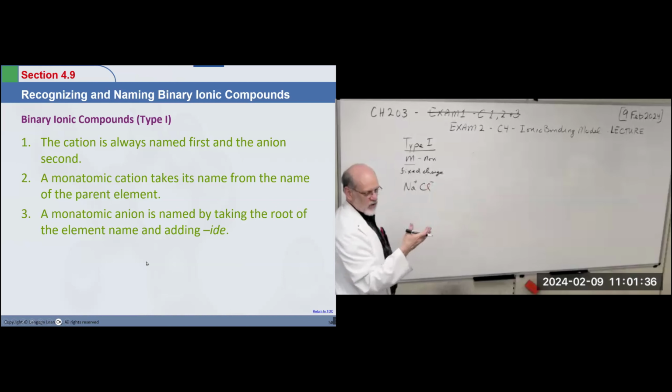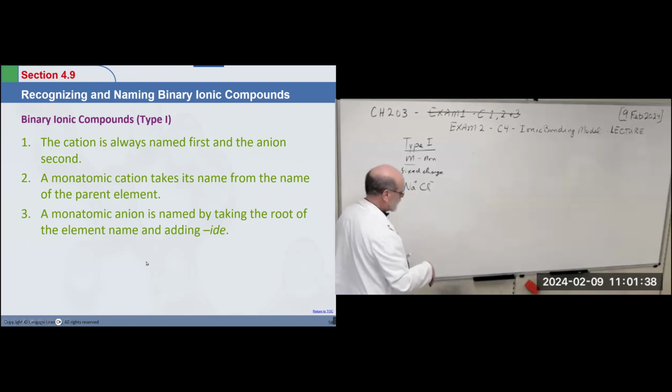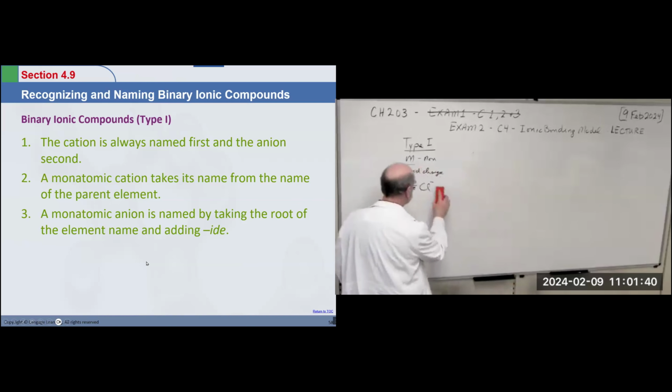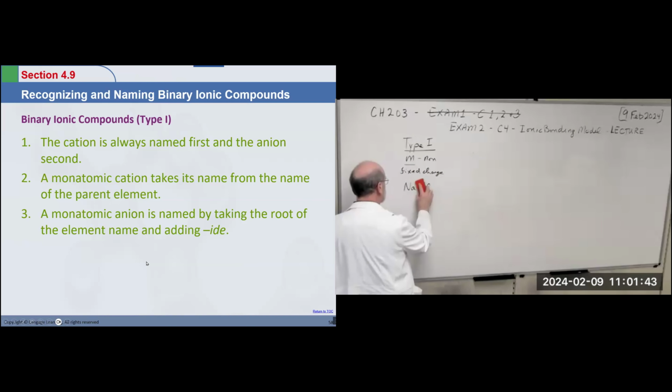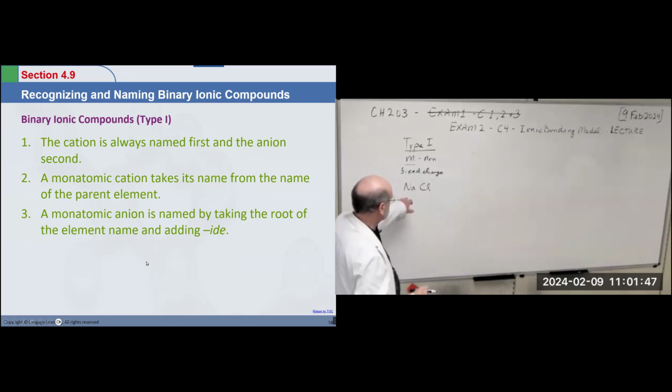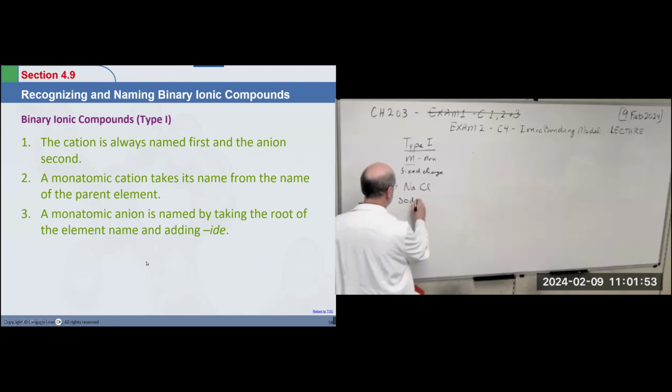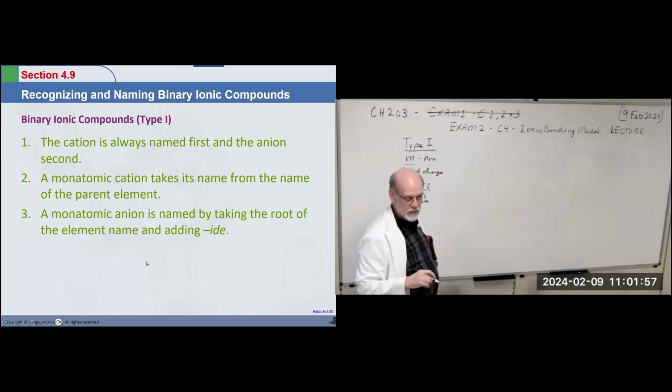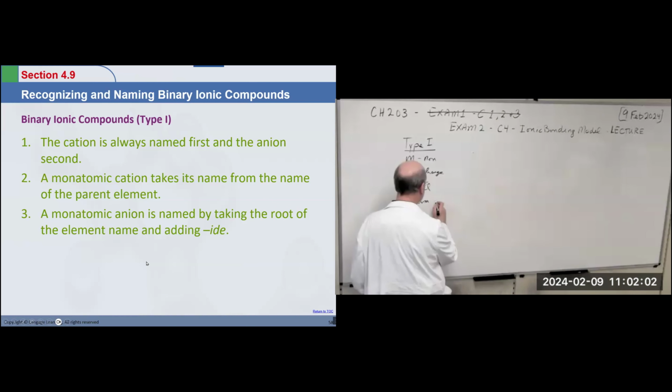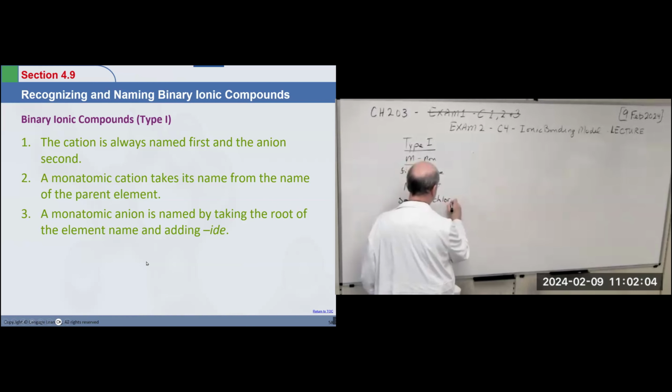We don't usually write the charges in, but that illustrates their position. Then when we name the compound, we just state the element for the cation. You say sodium. And then for the anion, we change the ending to -ide. So this would be sodium chloride.